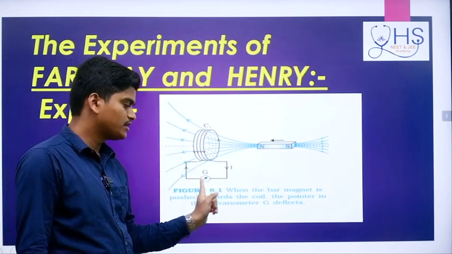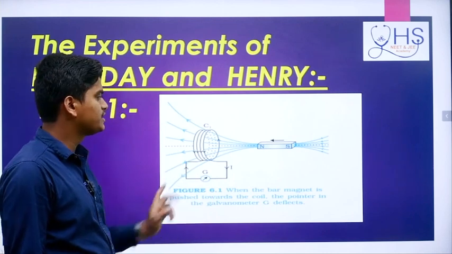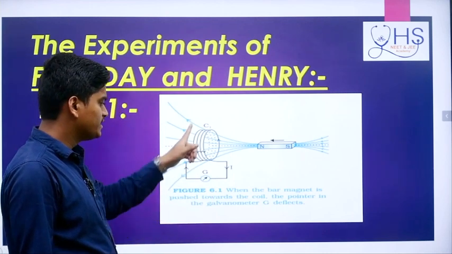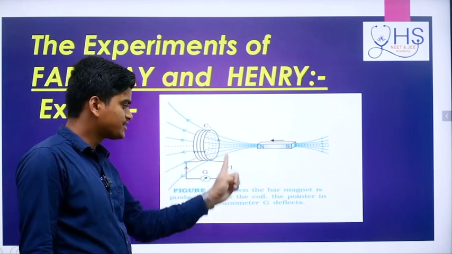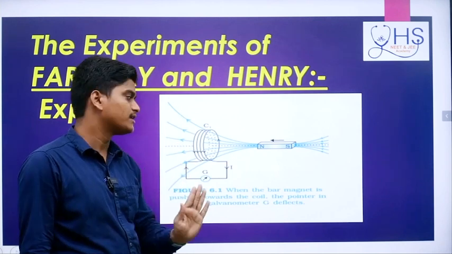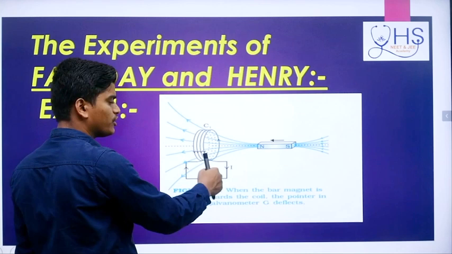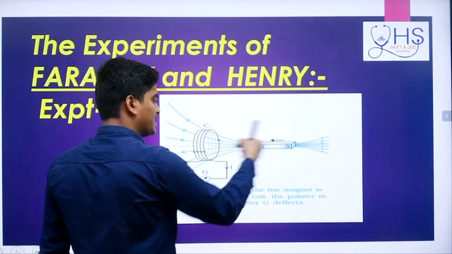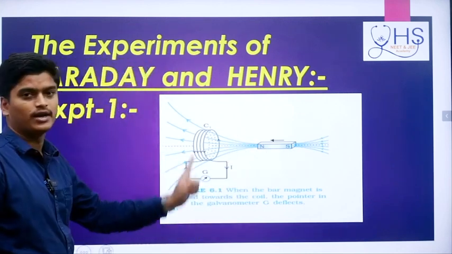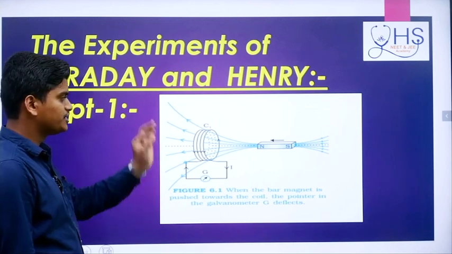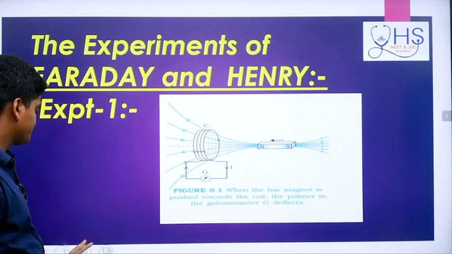There is a galvanometer and a coil, and in this coil no external battery, cell, or source is connected, but still some current will be produced if you bring a magnet near that coil. This is the main idea about electromagnetic induction.